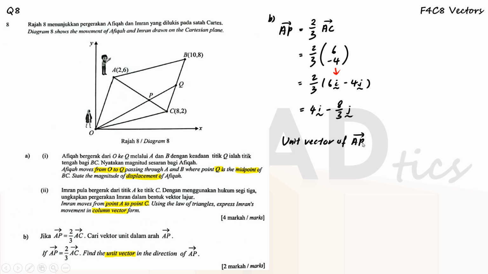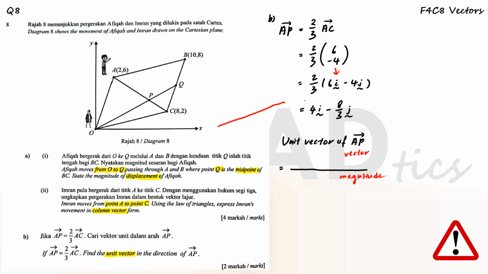Okay, and now we need to find the unit vector of AP. So we need to have two things. One, the vector. Two, the magnitude, which is the length. So the unit vector means that, okay, if I have, so let's say this vector, the length is actually 3 units.